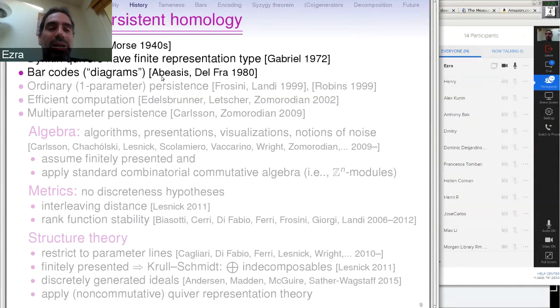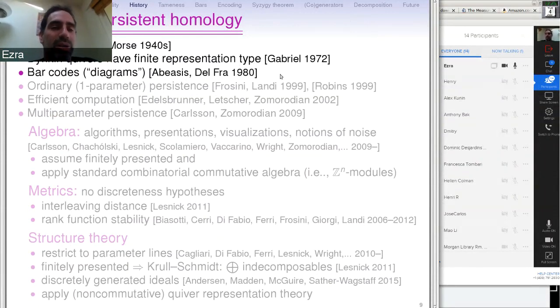If you look at this paper by Abeasis and Del Fra, they're talking about representations of the type A quiver. So that's just sequences of vector space maps. And they have pictures that are visibly barcodes. They write down one of these modules, and then they have a sequence of boxes here, and a sequence of boxes there, and a sequence of boxes. It is a barcode, and they call it a diagram.